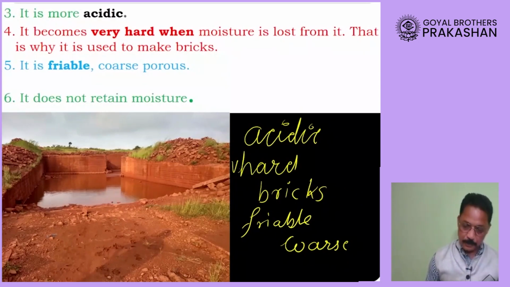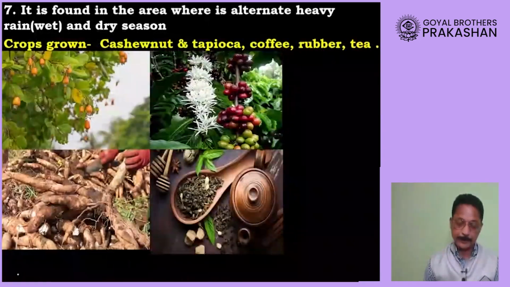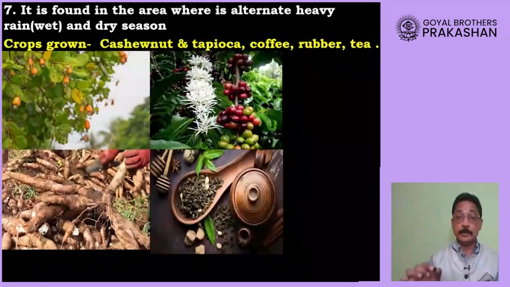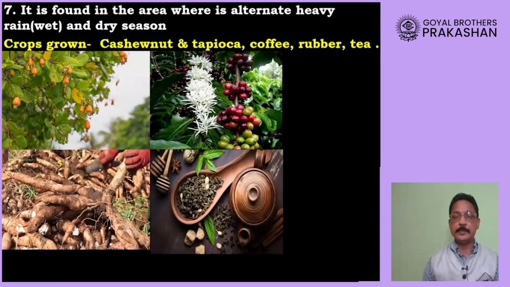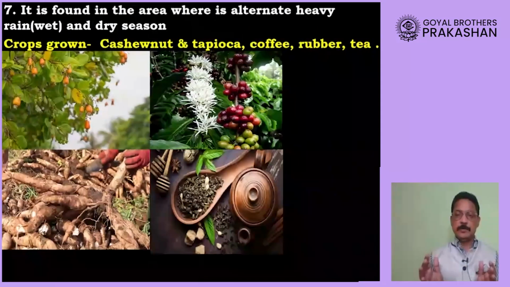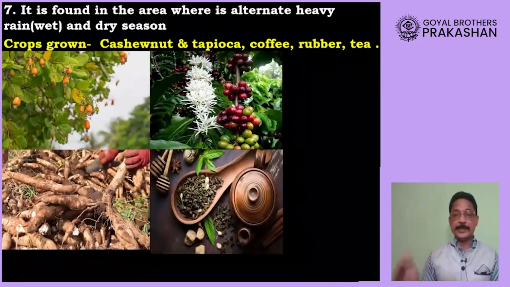Now let us look at a few more characteristics of this soil. I'm talking about laterite soil. It is found in an area of alternate wet and dry spells. Wet stands for where the rainfall is very heavy, followed by a dry season.